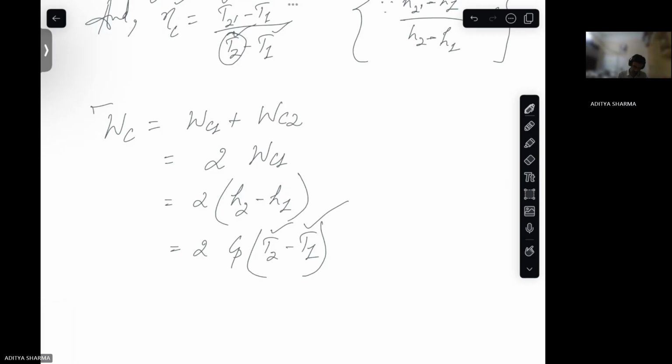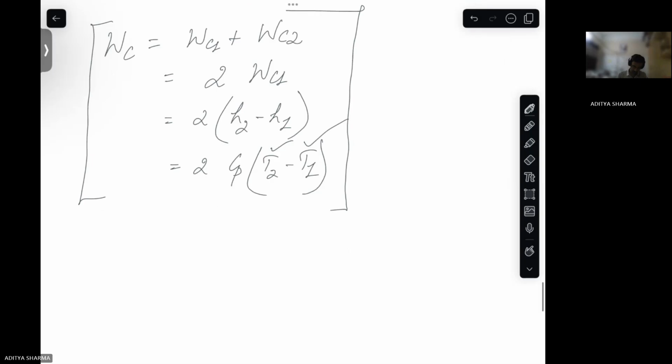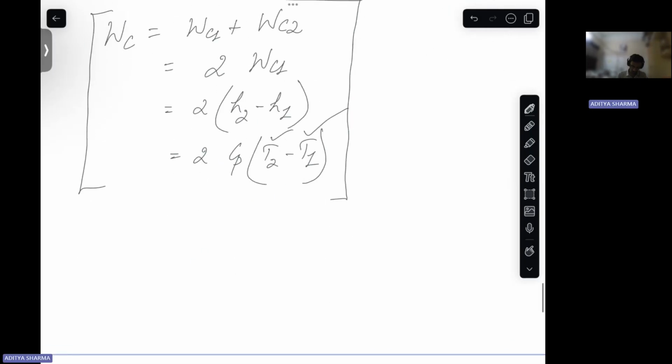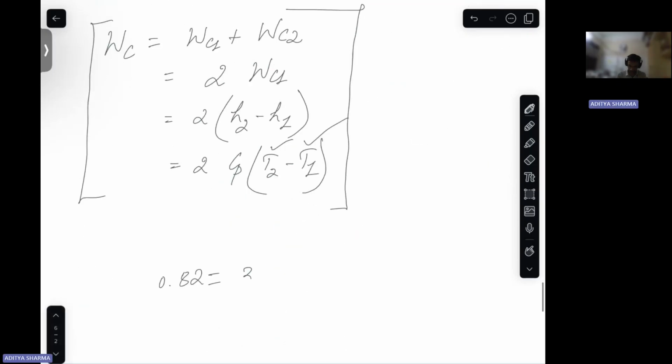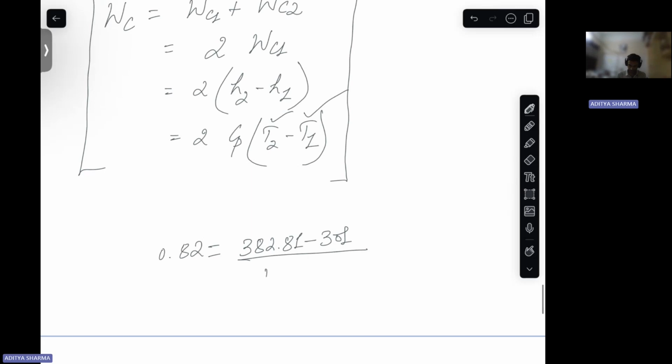So just skip this and 0.82 is equal to (T2 dash minus T1) divided by (T2 minus T1). Now T2 dash is 382.81. So 0.82 equals (382.81 minus 301) divided by (T2 minus 301).